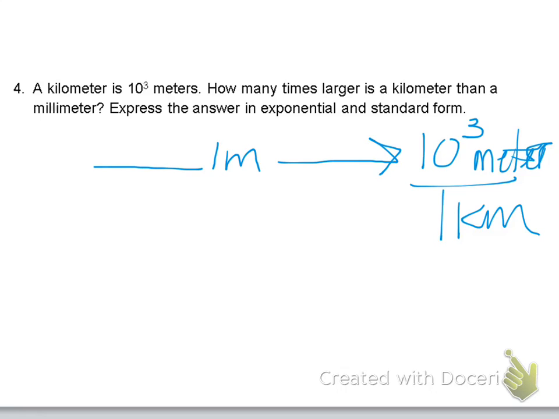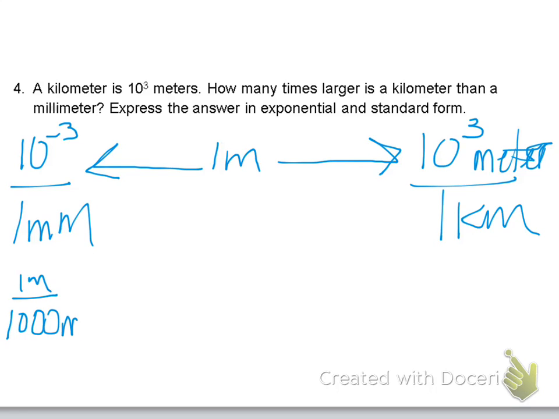And on the other end of the spectrum, 10 to the negative 3rd power is equal to 1 millimeter. So that's 1 meter for every 1,000 millimeters. I can't talk today. And then over here is 1,000 meters for 1 kilometer.